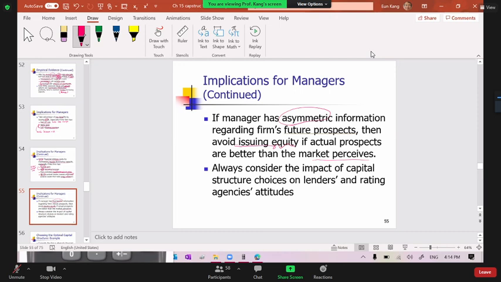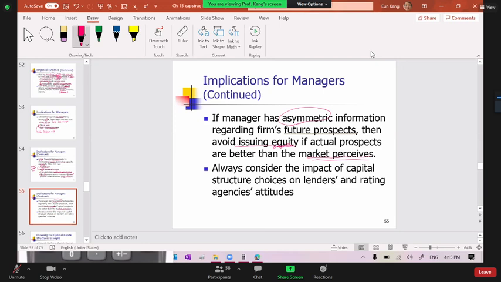That's exactly what I have been saying. Because what? The market thinks that they can generate only $10 million, but you generate, let's say, 100 million. Then the stock price is definitely lower than its true value. Then you don't want to issue equity.